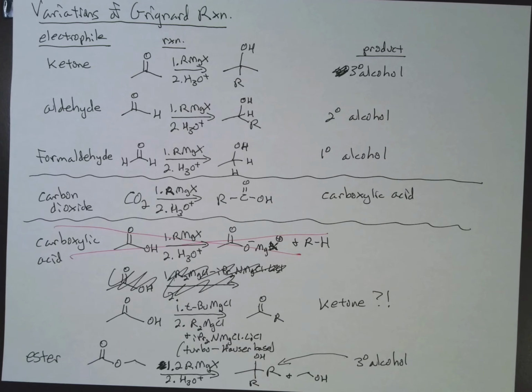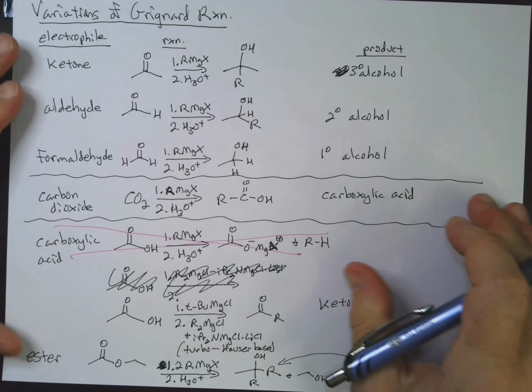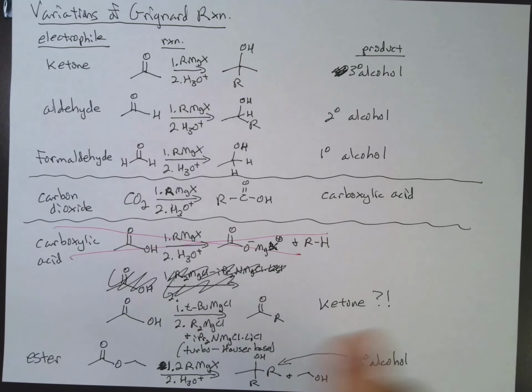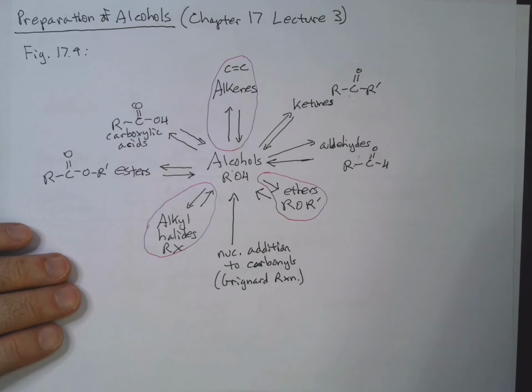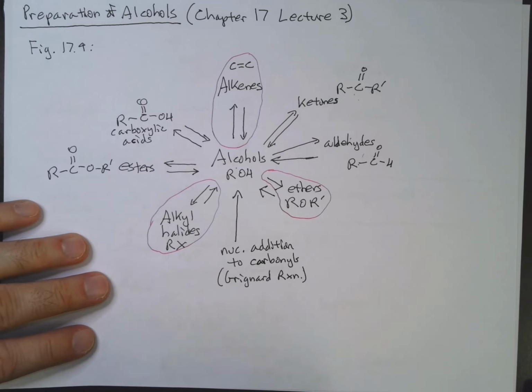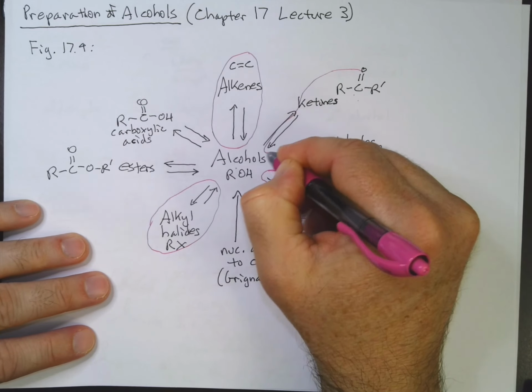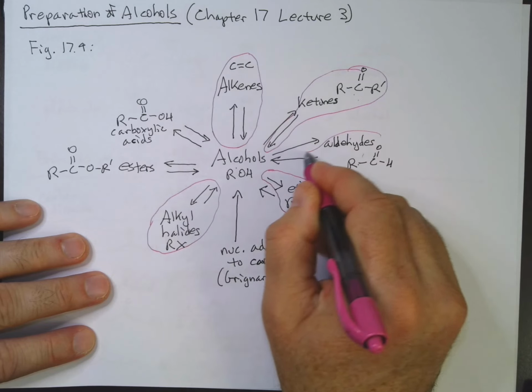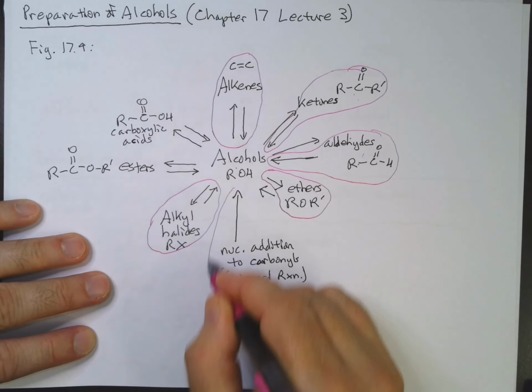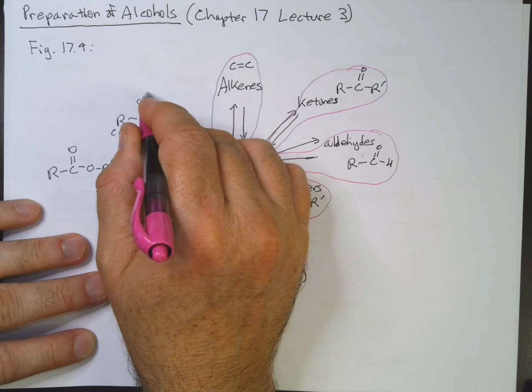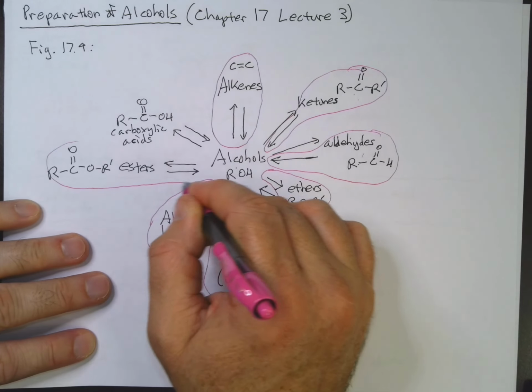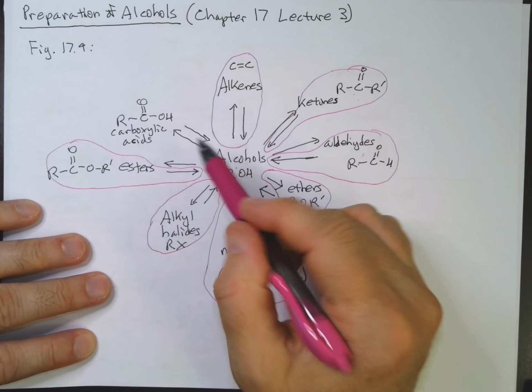All right, so let's see here. Have I talked about all the ways that you can prepare an alcohol? I think I have. So if we go back to our table here, we can see that we've looked at using ketones to make alcohols, using aldehydes to make alcohols, the Grignard reaction, and then esters, using those to make alcohols.